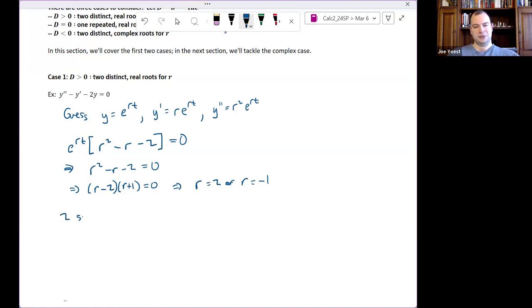So I have two candidate solutions. One associated with R equals 2, y equals e to the 2t. Maybe we'll call this y1. And another associated with the other root -1, y2 equals e to the -t. Each of these functions would solve the differential equation just fine.